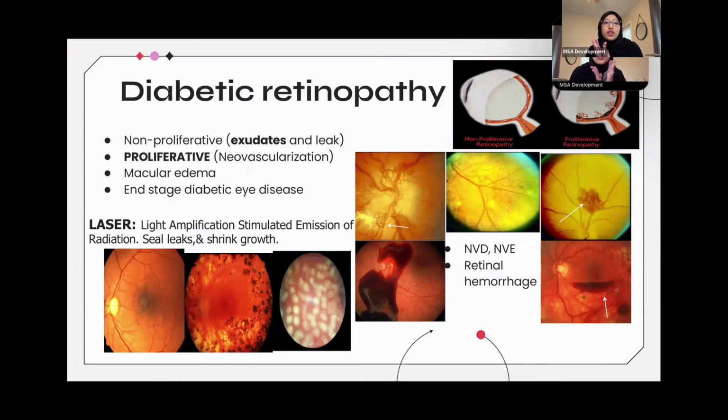If the diabetic retinopathy is so severe that there are not even new vessels forming to make up for the ischemia, we call this non-proliferative type. So no vessels, okay, versus proliferative. In the non-proliferative type, you will have the leaks and you will have exudates more, okay? In the proliferative type, you will have those vessels, neovascularization. Remember the difference between the two because it will get asked a lot, okay?